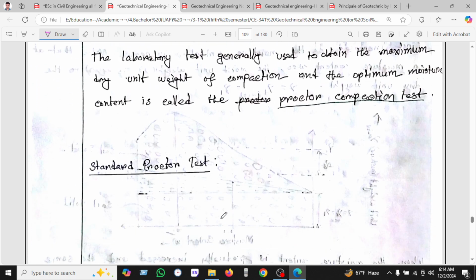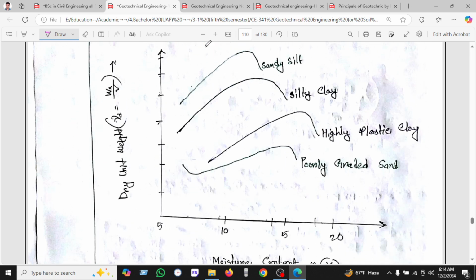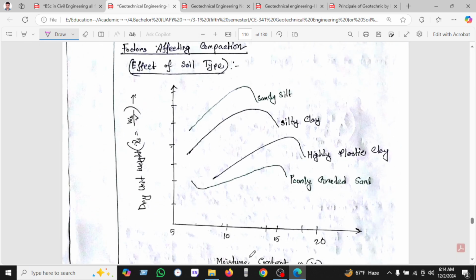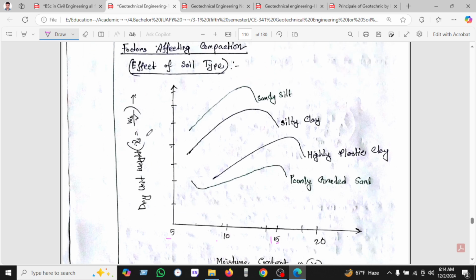This is the modified Proctor test. This is another factor affecting compaction: the effect of soil type. You can see the graph here. The x-axis is the moisture content, which is 5%, 10%, 15% and 20%, and dry unit weight is on the y-axis. The first curve is sandy silt, then silt clay, and then clay.